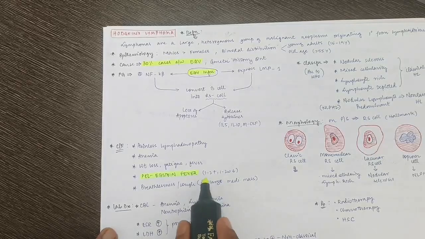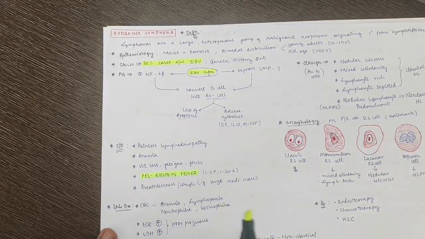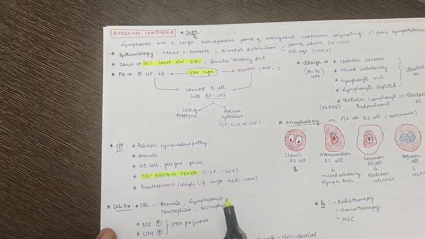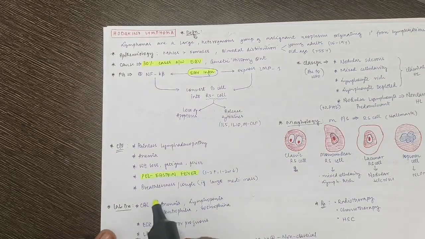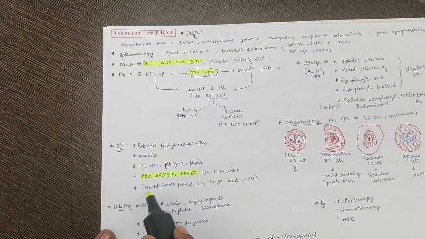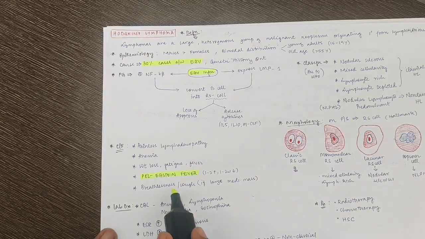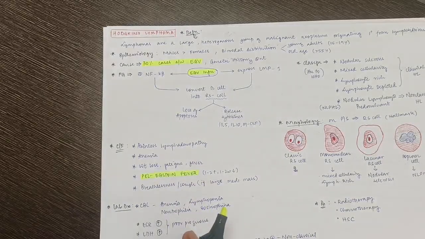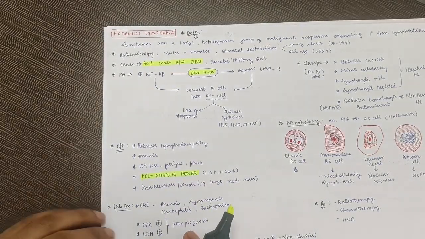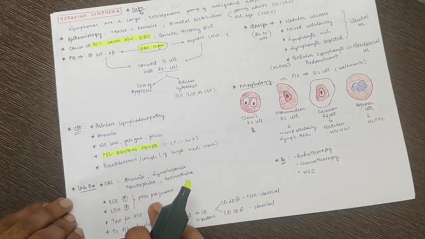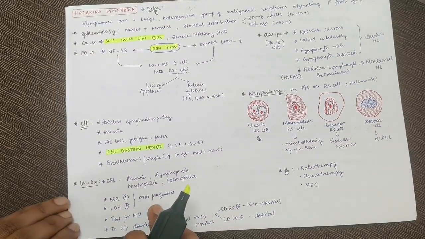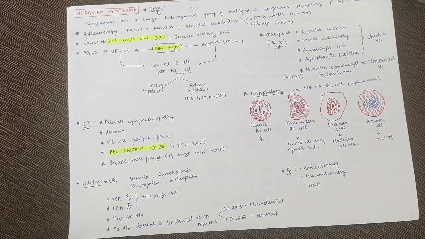That is, for the first 2 weeks the fever will increase, and for the next 2 weeks the fever will decrease. It is also called 14-day fever. Others you are going to see are breathlessness or cough, if it is involving a large mediastinal mass.